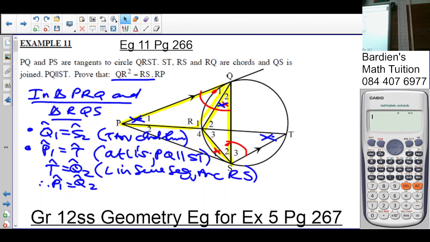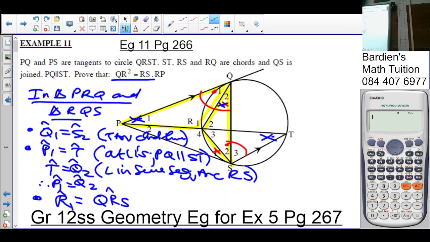That's the second point. The third angle is going to be in this triangle here. R1 has to be equal to which angle I didn't work with in triangle RQS? QRS, or R2 and R3, the combination thereof.